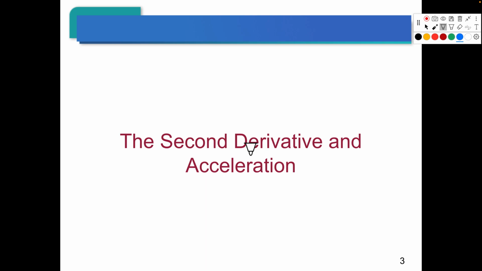How many of you have gone on a roller coaster? The wilder the roller coaster, the more your derivatives are there. You're feeling those first and those second derivatives. That acceleration, it's not just the speed. Yeah, it's great to go 120 miles an hour, but I'll tell you what, it's more exciting to go from 60 to 120 real quickly.